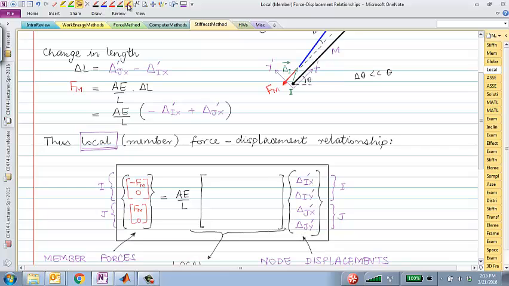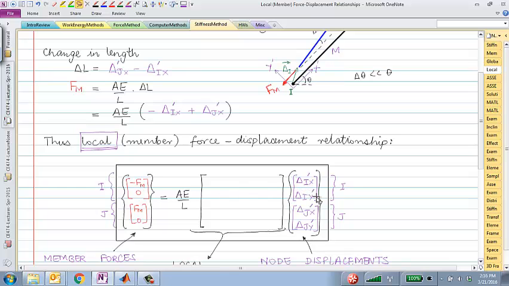Hopefully you are already able to see that. Displacement at I and displacement at J. We just said that the displacement in the y prime direction does not contribute. So what does that mean for this matrix, if this matrix is what I'm trying to come up with?